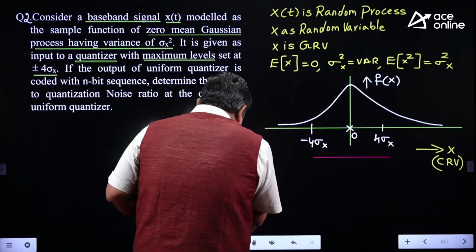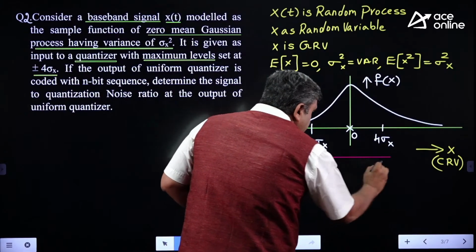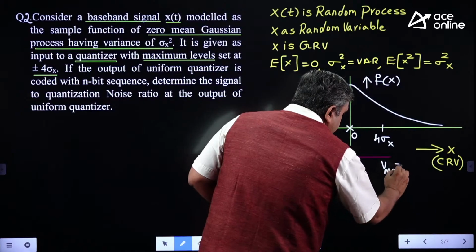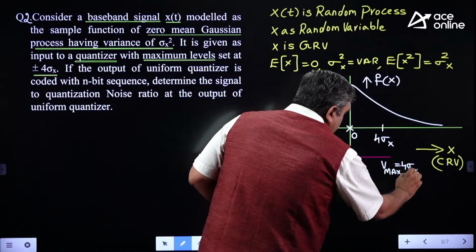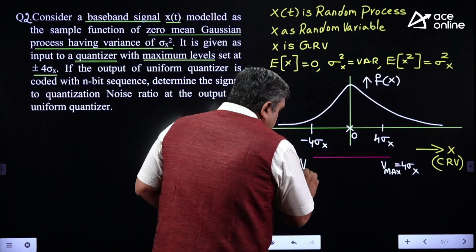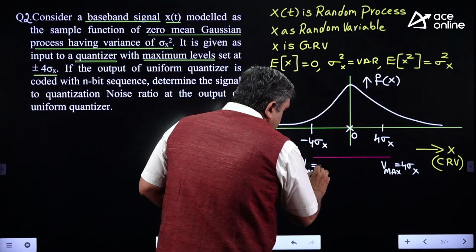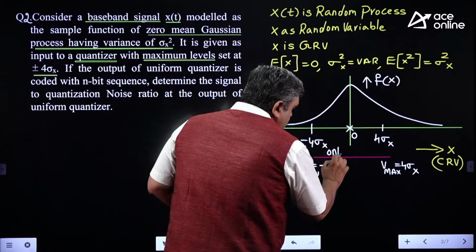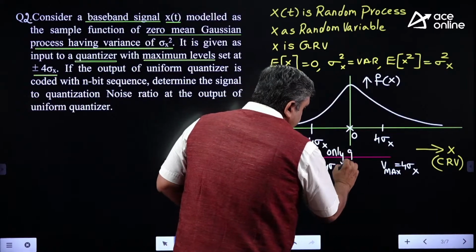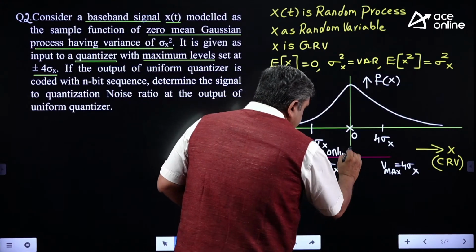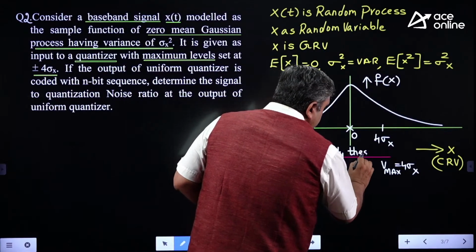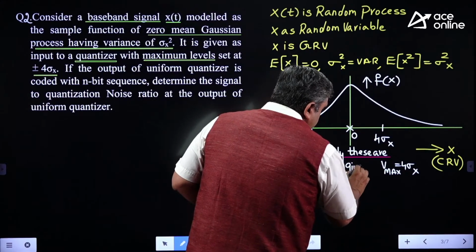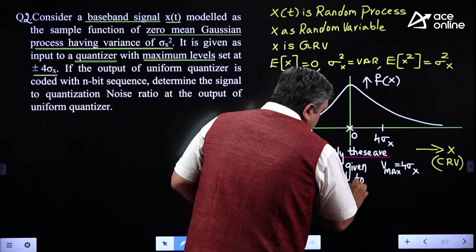That means indirectly he is saying your V max, which we standardize at 4 sigma x, and V minimum is at minus 4 sigma x. Only these are given to the quantizer.